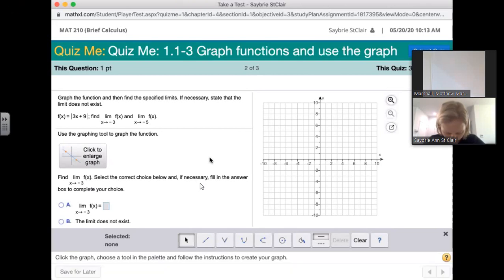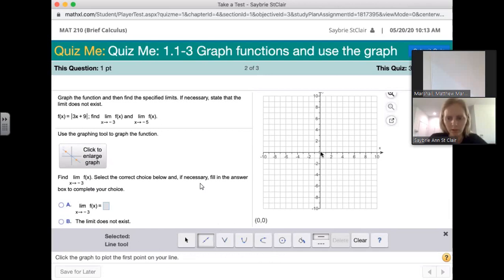You could plug in -3 and see what you get, and you could plug in -5 and see what you get. Graphing tool to graph the function. So if you plug in -3 in the absolute value, that gives you absolute value 0. So that's 0. I don't know if you want to plot that point. Does it let you plot that point?